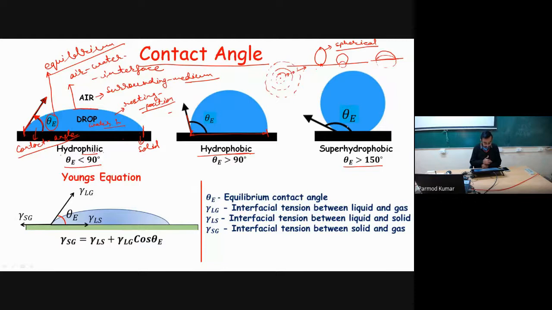For example, hydrophilic and hydrophobic surfaces are required in boiling heat transfer to increase the rate of heat transfer, whereas super hydrophobic surfaces are very important for designing condenser units, because in a condenser we want to operate in the dropwise condensation mode, and super hydrophobic surfaces are favorable for dropwise condensation, which avoids or delays the transition to the film condensation regime. How these are to be done, I will explain subsequently.